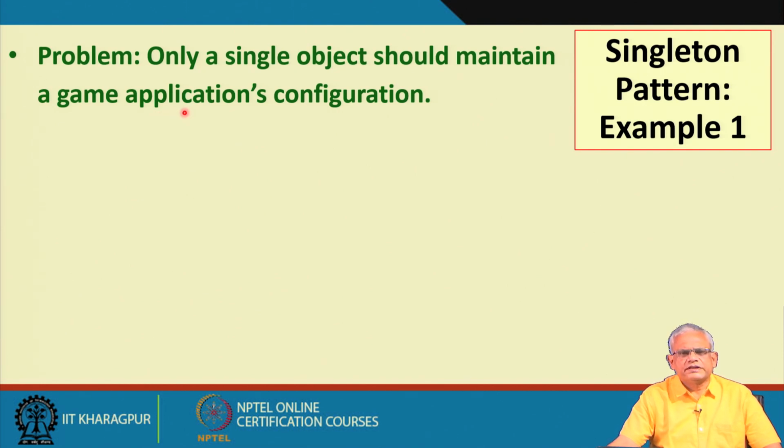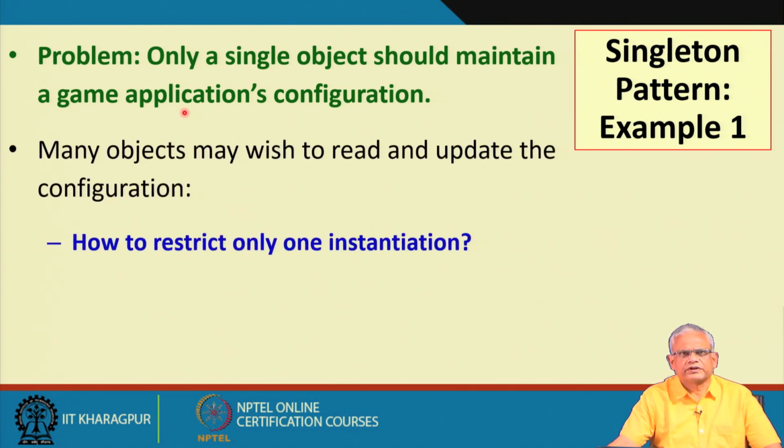But the problem here is that we should have exactly one configuration object. Whenever there is a chance for multiple configuration objects to be created, then the game will get totally messed up and it will not work properly. And we need to use the singleton pattern here.